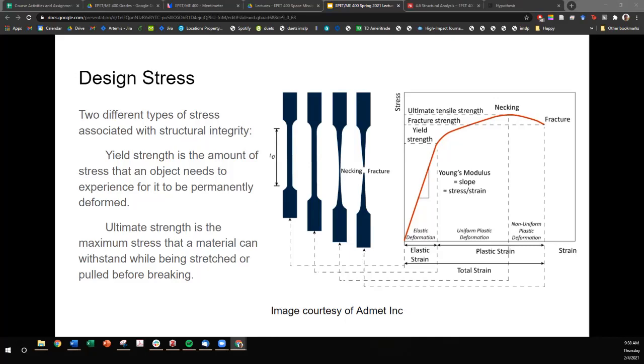But in this regime, the material component can return back to its original shape. Past that point, there's going to be yielding, where the material has plastic deformation or plastic strain, and it cannot return to its original shape. And then, like we were talking about, ultimate strength comes after yield strength. And you notice that phenomenon when this necking or fracture occurs.